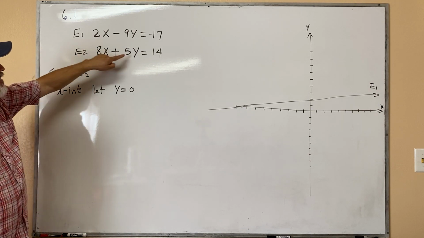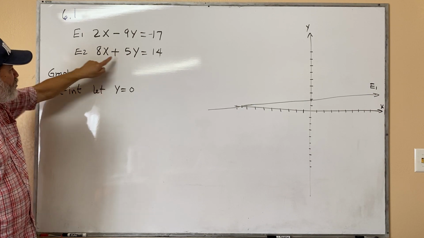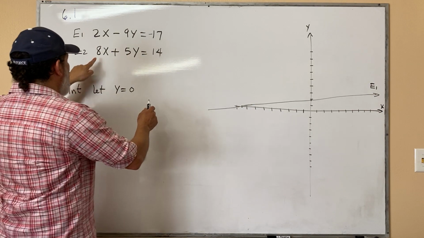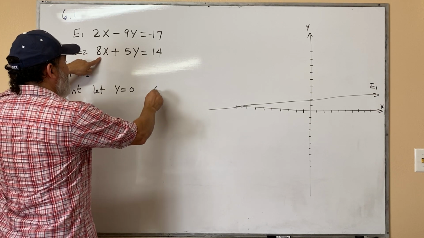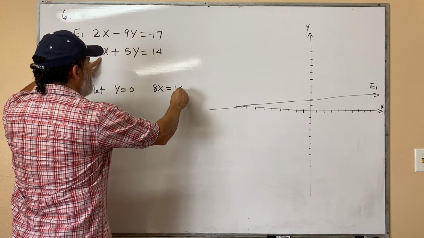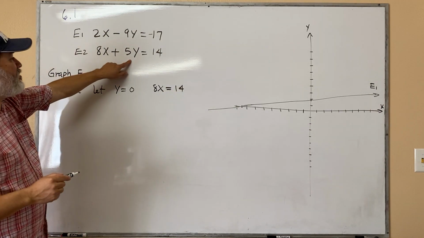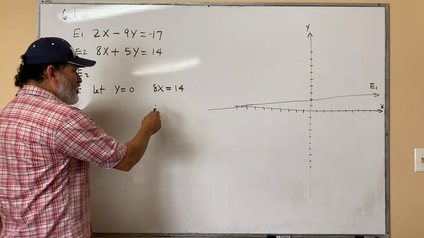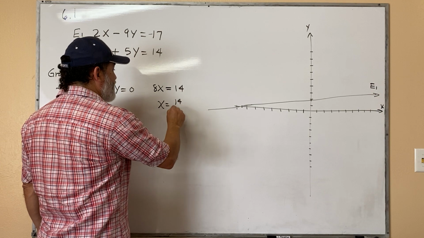Let y equals 0, 5 times 0 is 0, so we get 8x equals 14. When y is 0, 8x equals 14. What is x? x equals 14 over 8.